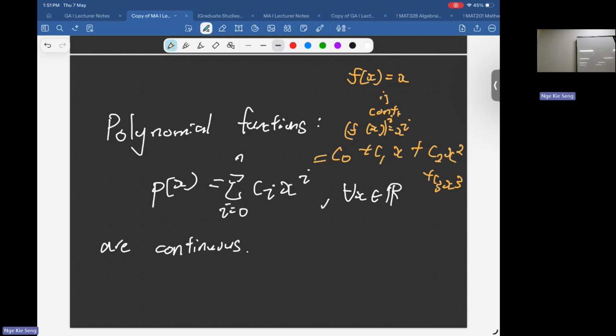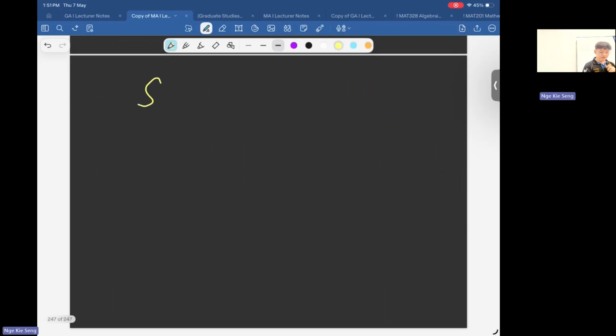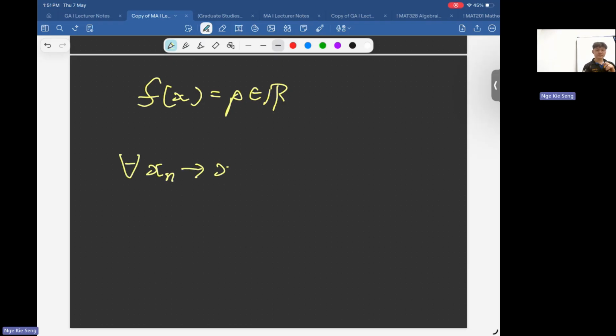Is this continuous? Why? 一行 line。Try，不要紧，我不会扣你分啊。C0 is what kind of function? Constant 咯，constant function continuous 什么？I think 我们没有在班上学过哈。Why 呢？For every xn converge to x, what is f of xn?